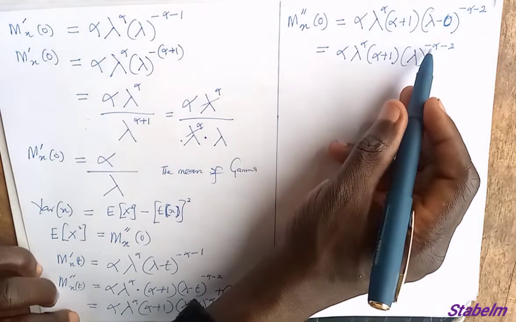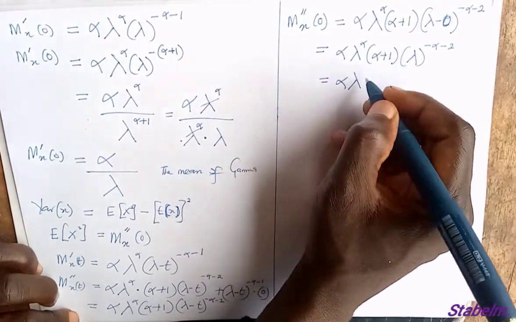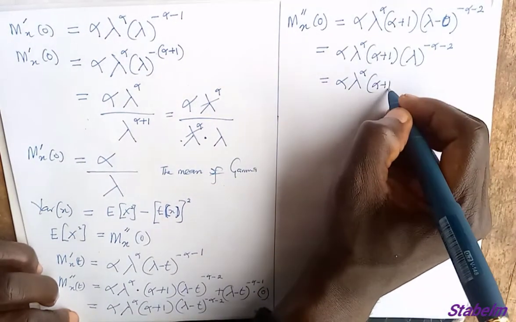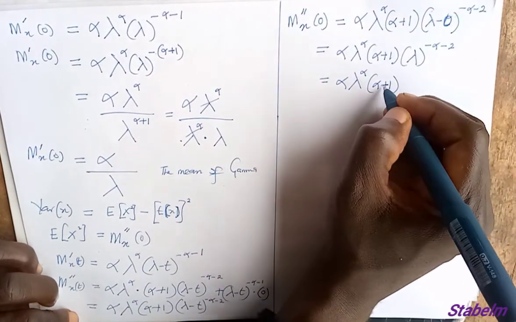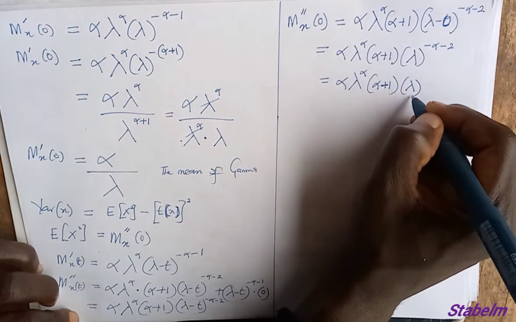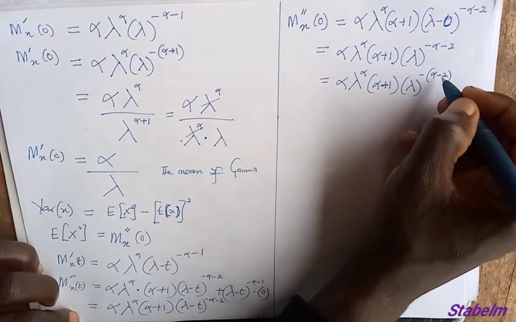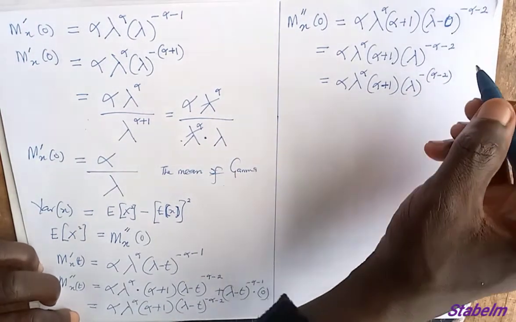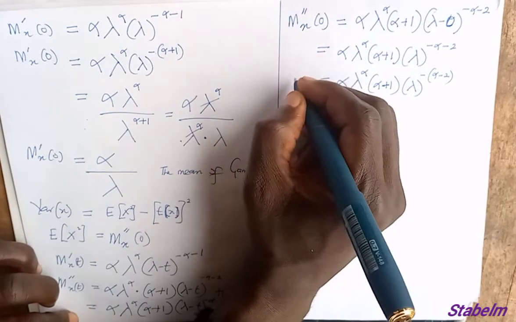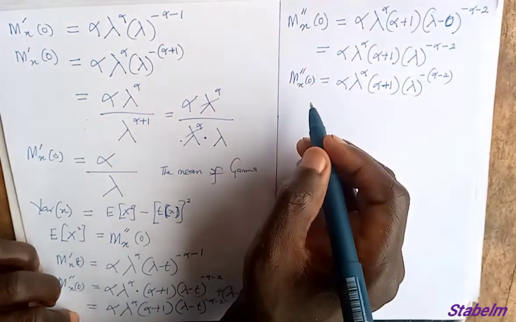And we can also factorize the negative here, and this is going to give us alpha lambda raised to power alpha into bracket alpha plus 1, then into bracket lambda raised to power minus alpha minus 2. So in a real sense, this is our M double prime X of 0, that is, M double prime X when t equals 0.